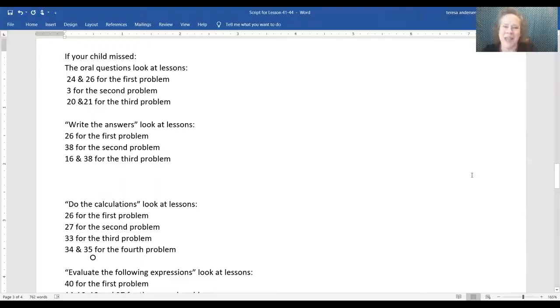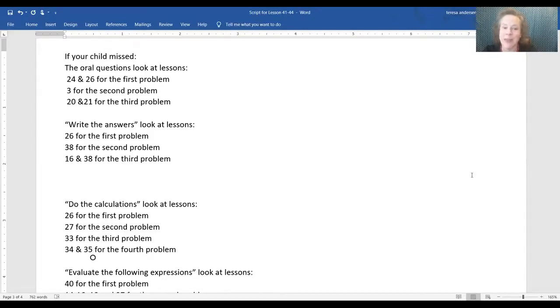So here are the lessons that you need to review if your child has missed any of the questions. Okay, so if your child missed the oral questions, look at lessons 24 and 26 for the first problem, 3 for the second problem, and 20 and 21 for the third problem.